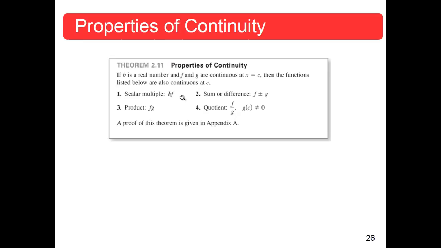If you take a continuous function at some point x equals c, and then multiply that function by any real number, then that is also a continuous function. So we can combine functions in different ways, and as long as the original functions are continuous, then the new functions will be continuous. But be careful of the quotient and the denominator being 0 there.